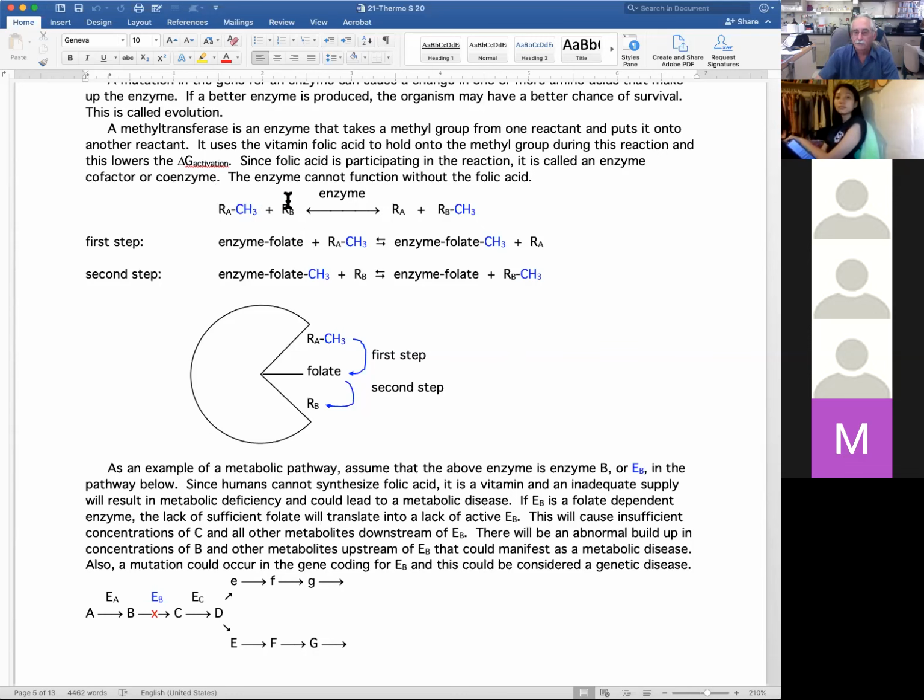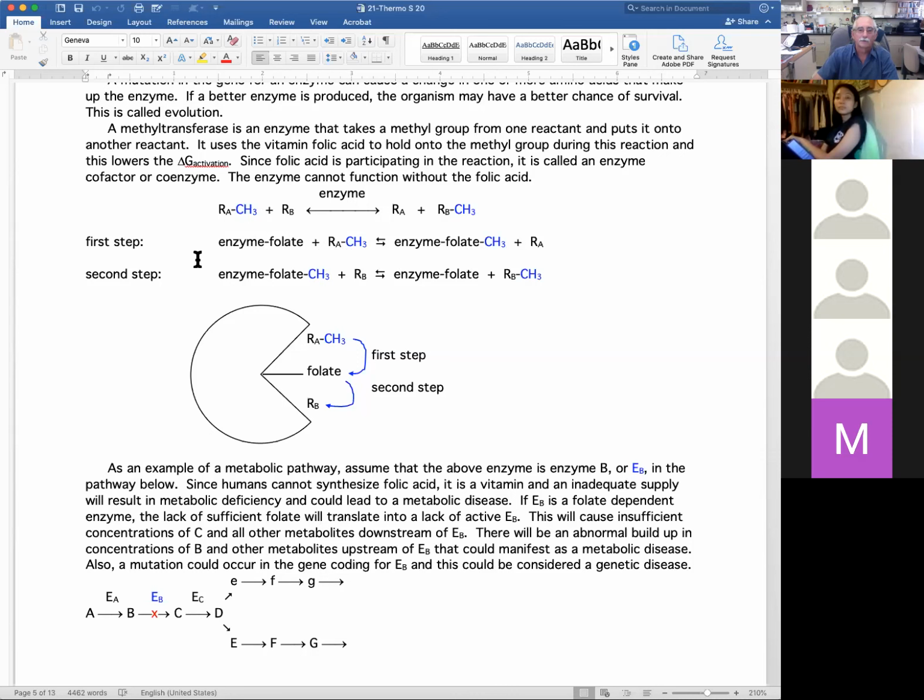So it separates it into steps. So here's the enzyme with this folic acid cofactor. It binds the first reactant that has the methyl group on it. It holds on to the methyl group using the folic acid. Now, the first molecule can go away.